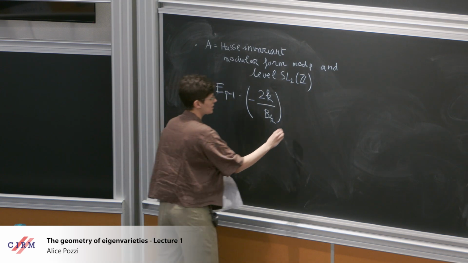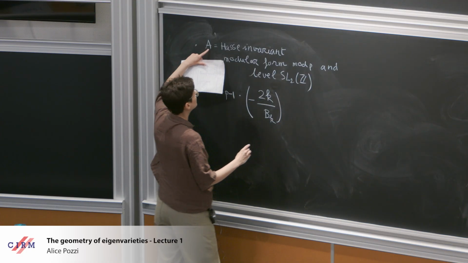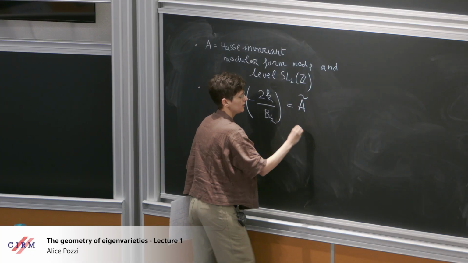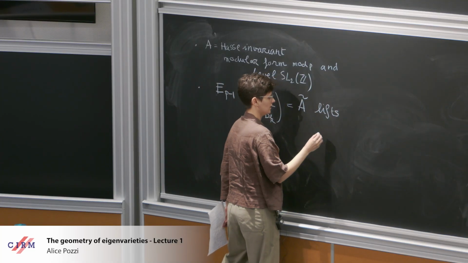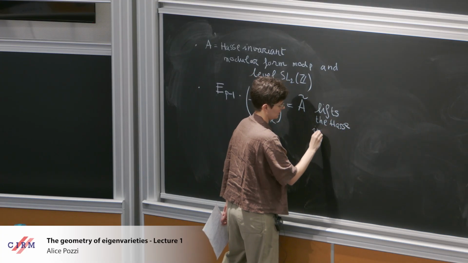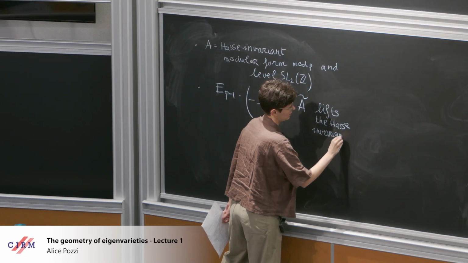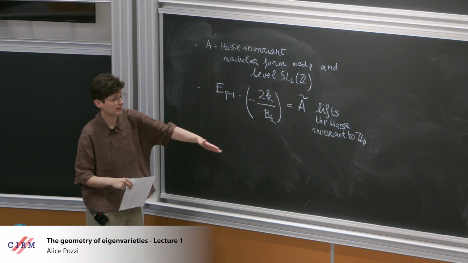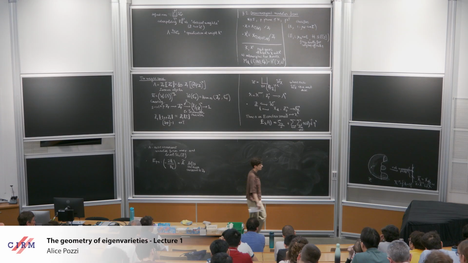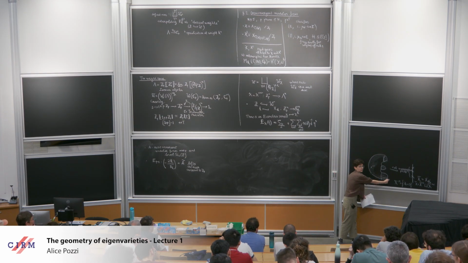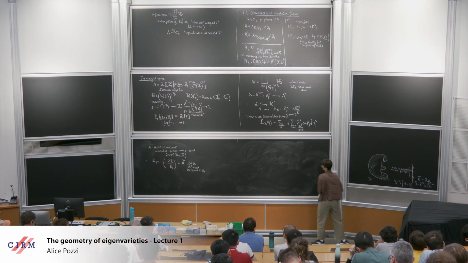It turns out that this is a lift of the Hesse invariant to Z_p, which gives us a way of characterizing the ordinary locus, but in fact it also gives a way of saying how deep we are inside the supersingular locus, which is exactly what we are going to do now.